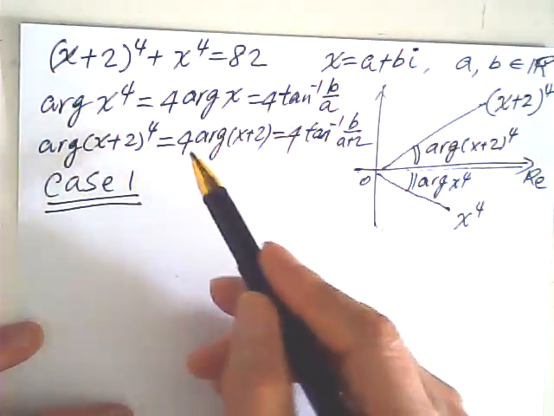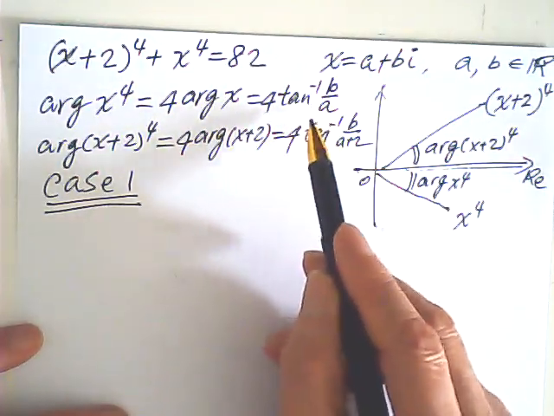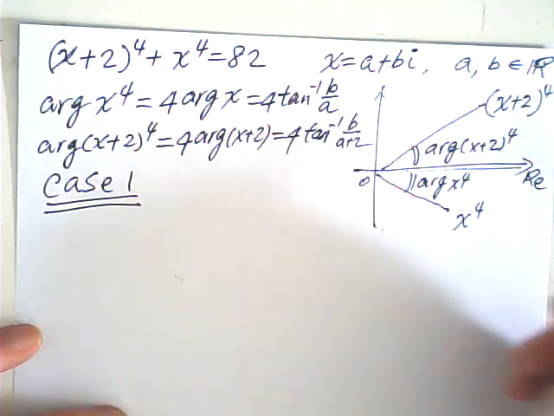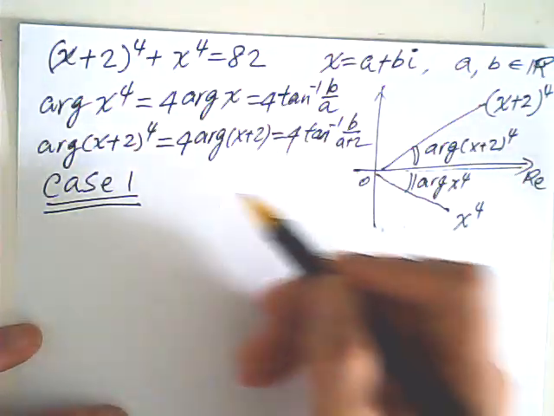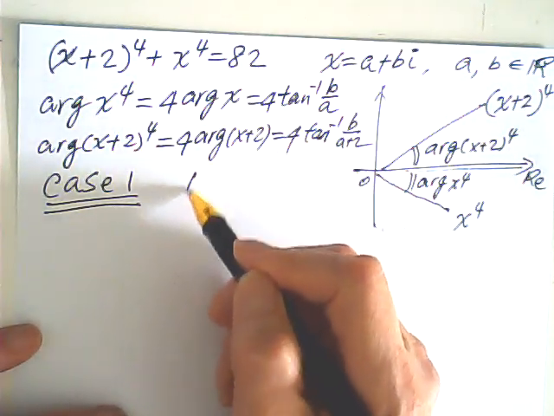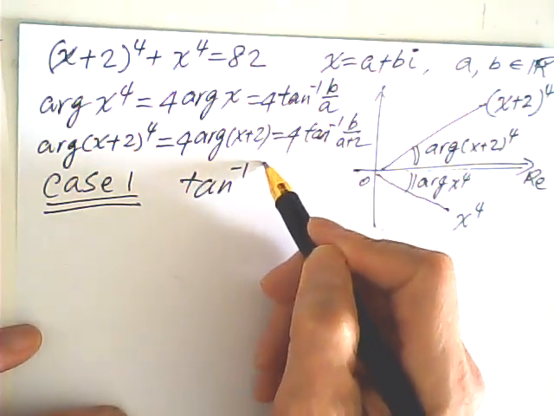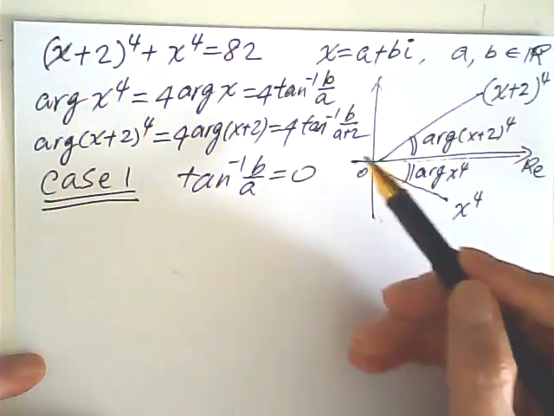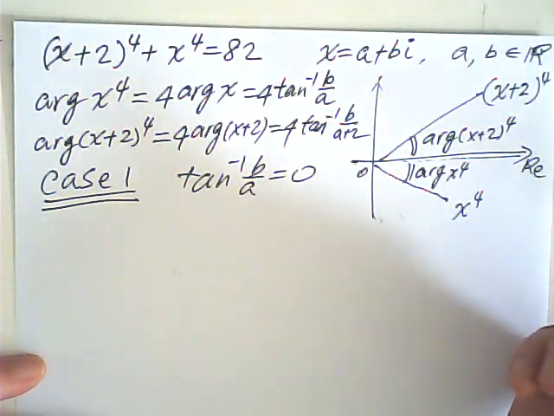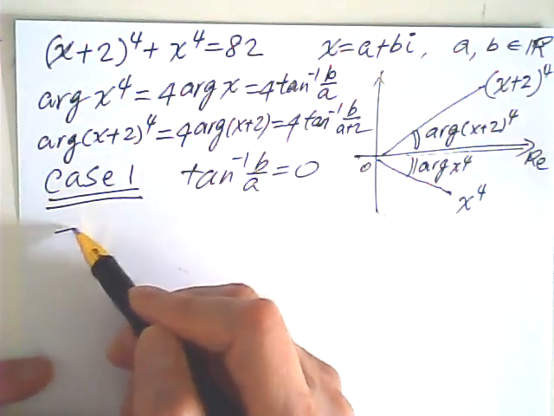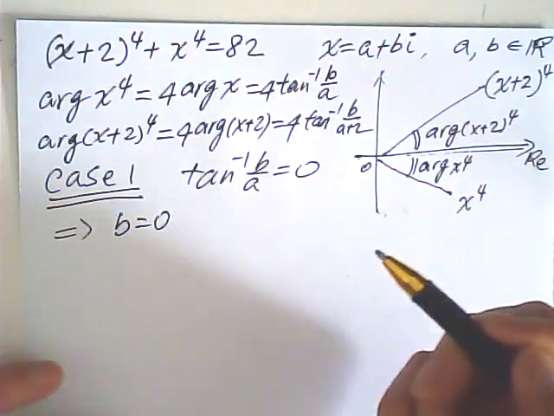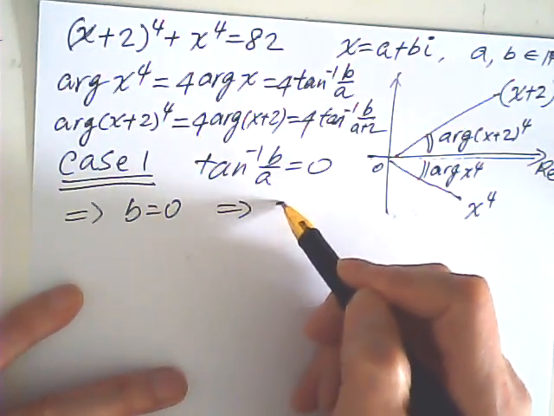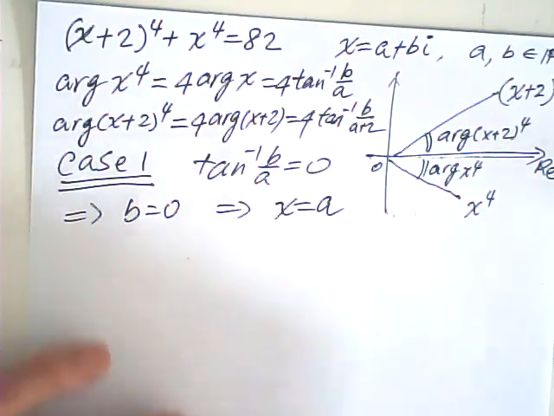Then the argument is 0. So in other words, arctangent b over a is 0. So b equals 0. That means x is equal to a.